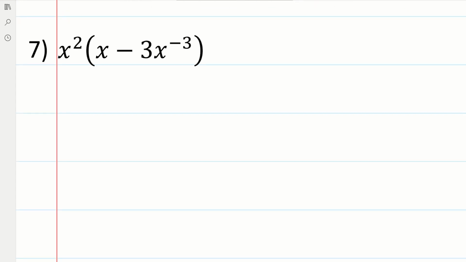This is a multiplication. And when we multiply, laws of indices, we add the powers. So x squared times x is x cubed, minus 1 times negative 3, x squared times x to the power of negative 3. Again, when we multiply, we add the powers.